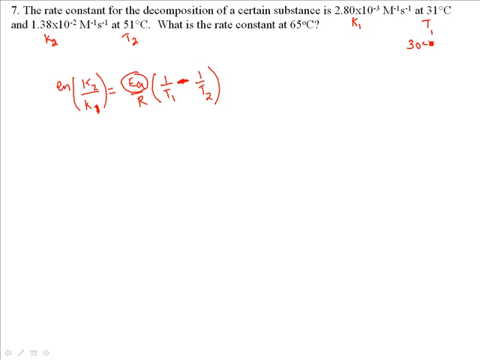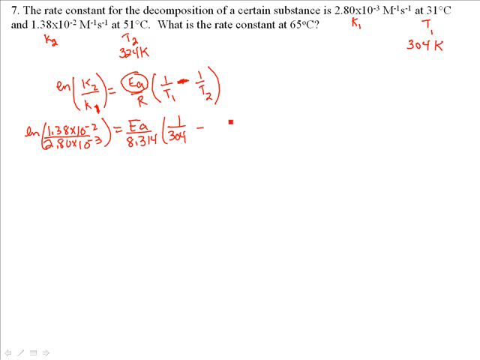So this is 304 Kelvin, and this one is 324 Kelvin. Alright, so let's plug it in. The natural log of 1.38 times 10 to the negative 2 over 2.80 times 10 to the negative 3 is equal to the energy of activation over 8.314 times (1/304 minus 1/324).